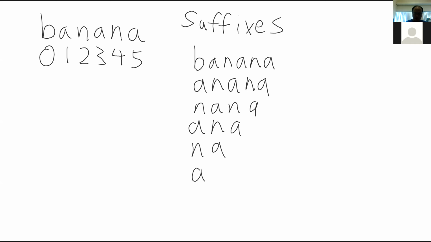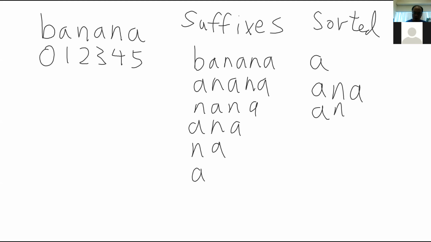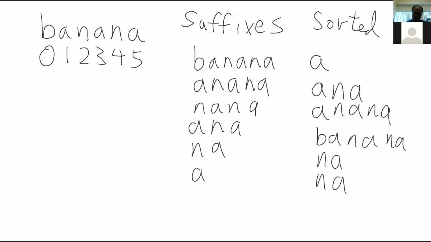Okay, and if you were to sort them alphabetically, what would you get? Well, A comes first, then ANA, then ANANA, then BANANA, then NA and NANA. Okay, that's sorted.